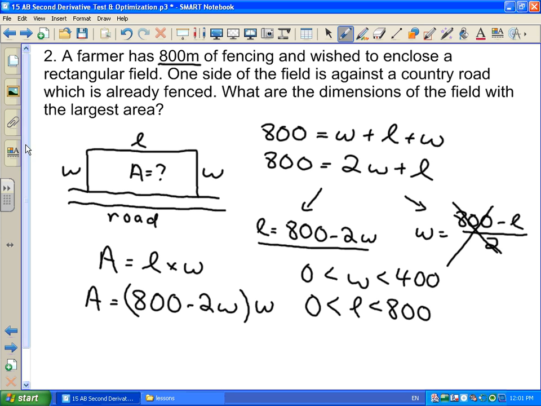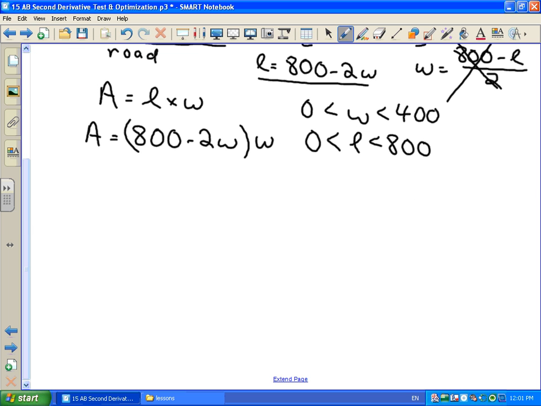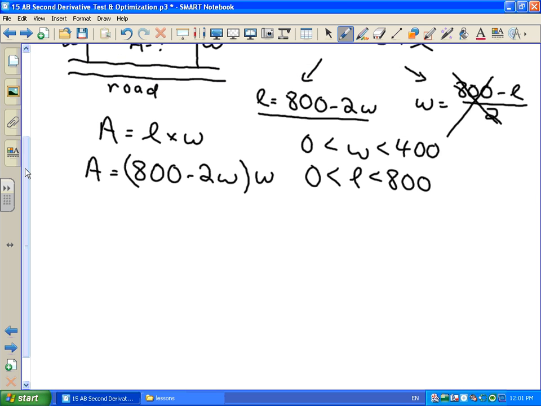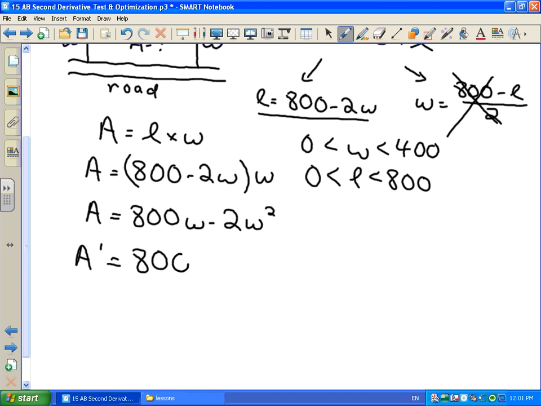But let's move on to trying to find our maximum area here. So we've got the function that we want to take the derivative of. I'll just expand it before we go any further here. So 800W minus 2W squared. And let's take our derivative to get 800 minus 4W.